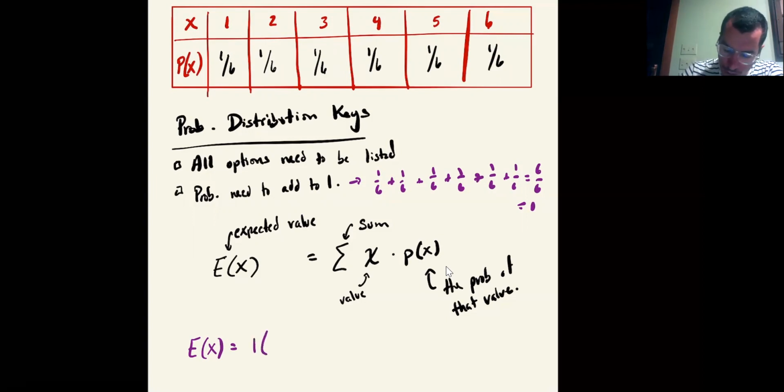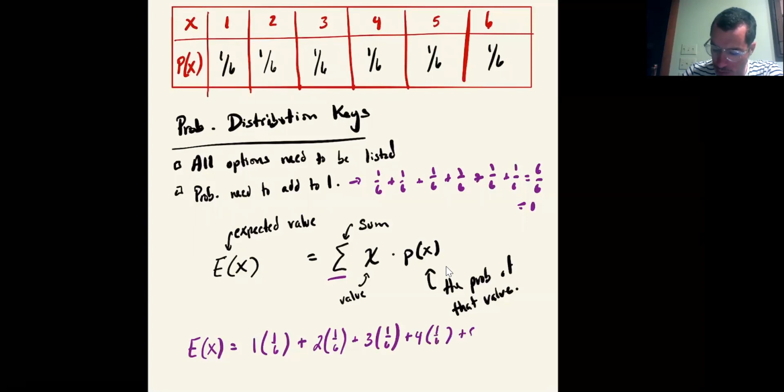So I have 1 times 1/6 plus, because I'm finding a sum, 2 times 1/6 plus 3 times 1/6 plus 4 times 1/6 plus 5 times 1/6 plus 6 times 1/6. Note that the reason all of these are 1/6 is because that was the case when we took a look at our probability distribution.